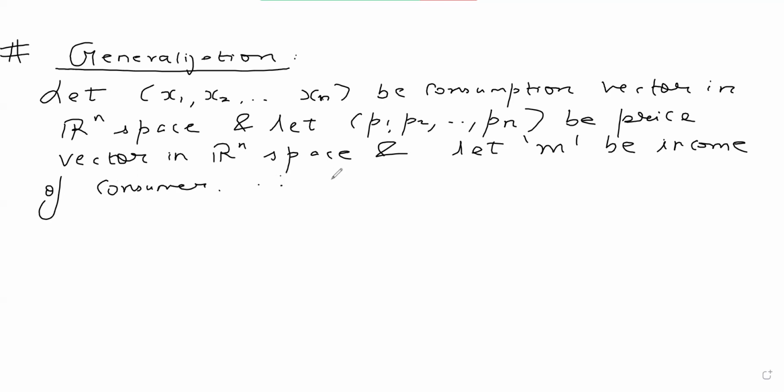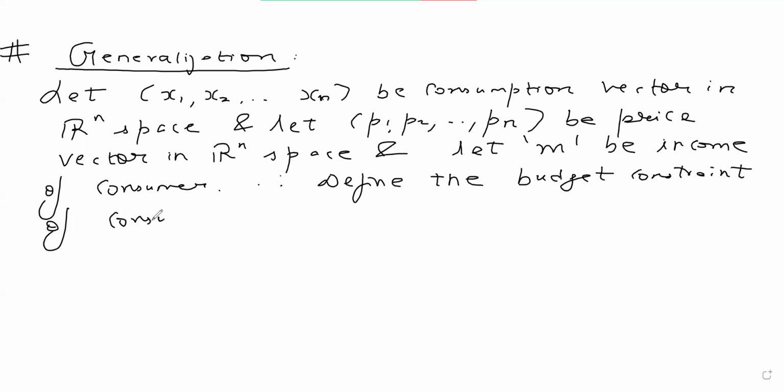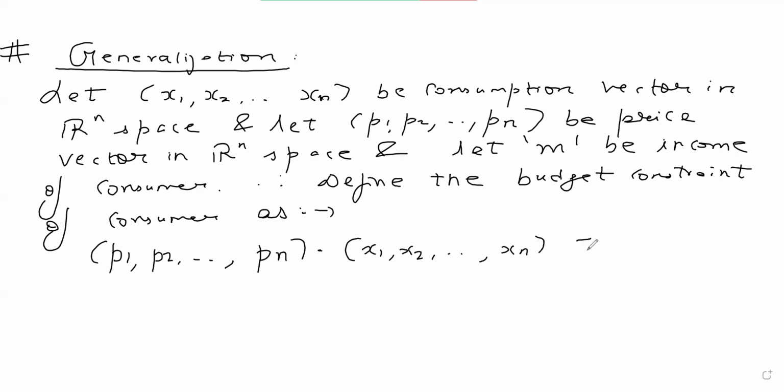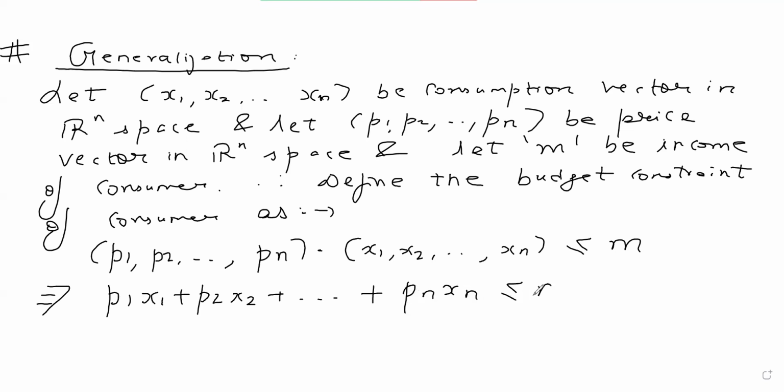So I can, therefore, define the budget constraint of the consumer as the dot product of the price vector with the consumption vector has to be less than or equal to the income, which implies, as we know how to find the dot product, P1x1 plus P2x2 plus dot dot dot Pnxn less than or equal to income.